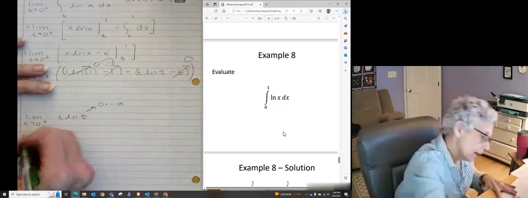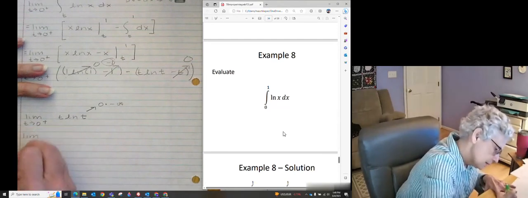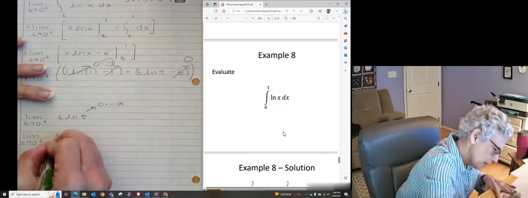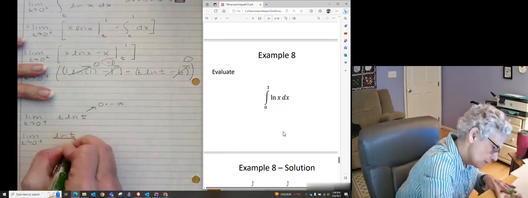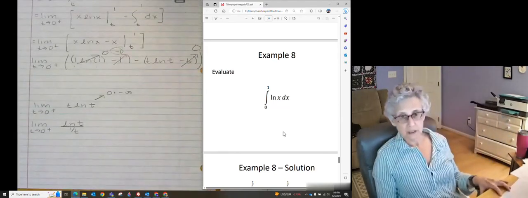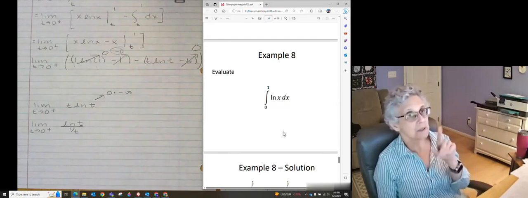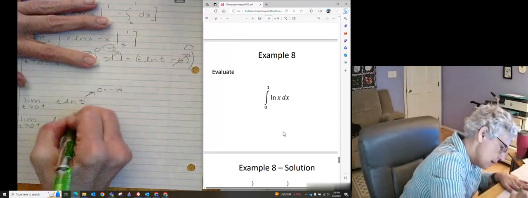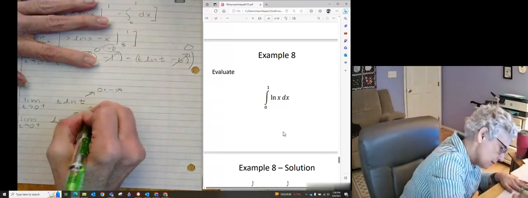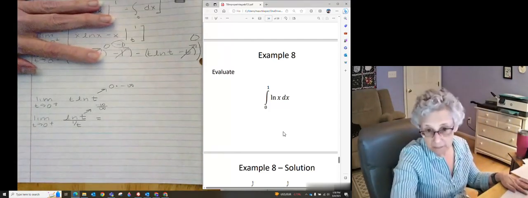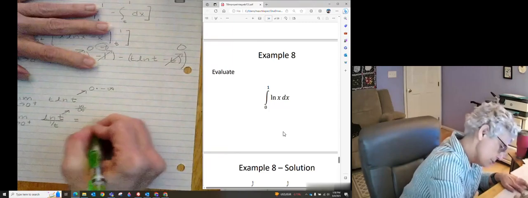So we'll rewrite this one as the limit as t approaches 0 from the right of natural log of t over 1 over t. That was one of those little tricks we learned back when we were learning L'Hopital's rule. Now what we have is negative infinity over infinity, and that's something that L'Hopital can deal with for me.